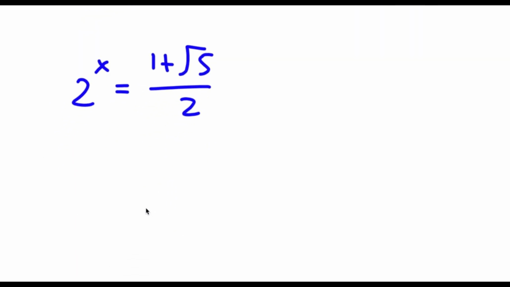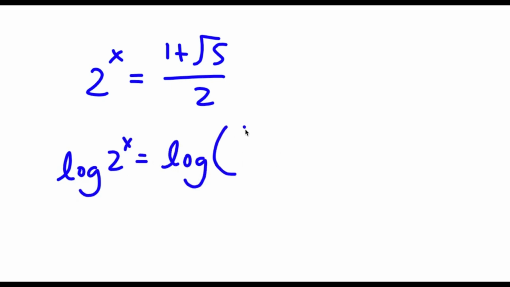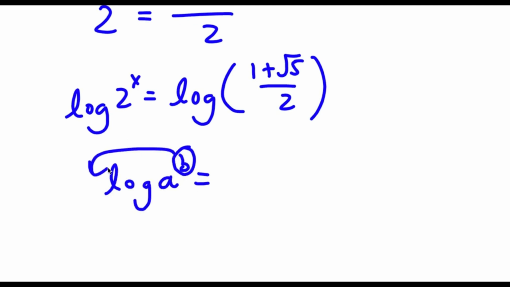So now, to solve this, I'm going to take the log on both sides. So now I have log 2 to the power of x is equal to log 1 plus the square root of 5 over 2. Now, an important property of logarithms is that if I have something in the form log a to the power of b, I can move this exponent b to the front. So this can equal b times log a.